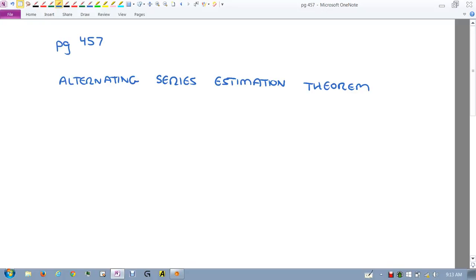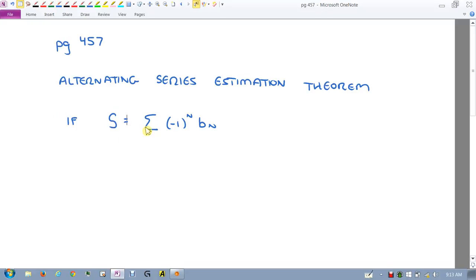And here's what it says. I can let you read through it yourself. There's a little explanation about how they get it above it. But let's just get down to what it says. It says if we're calling S some sum, all right, so we have an alternating series. That's what we called capital S, okay?